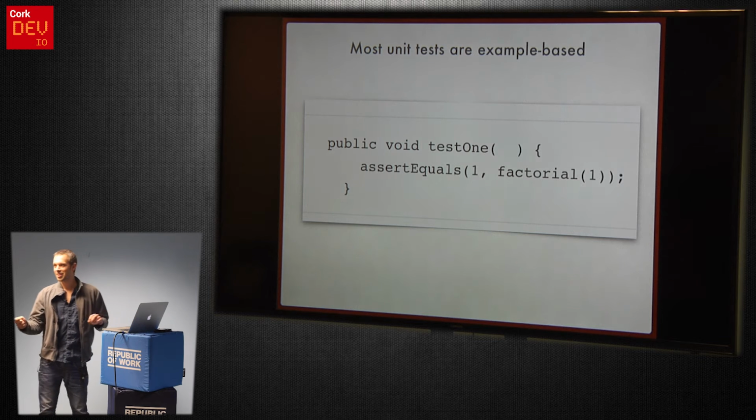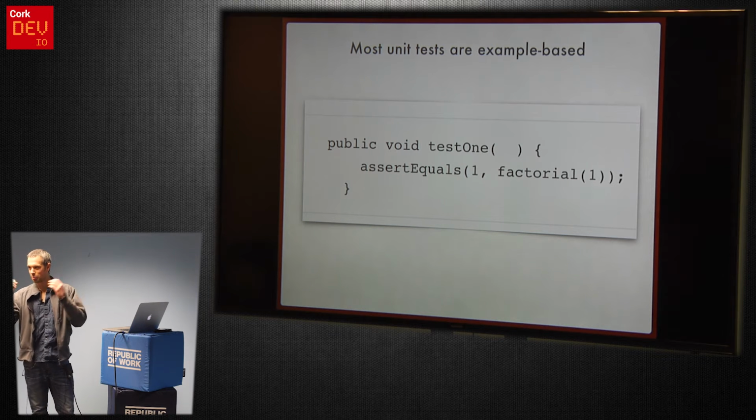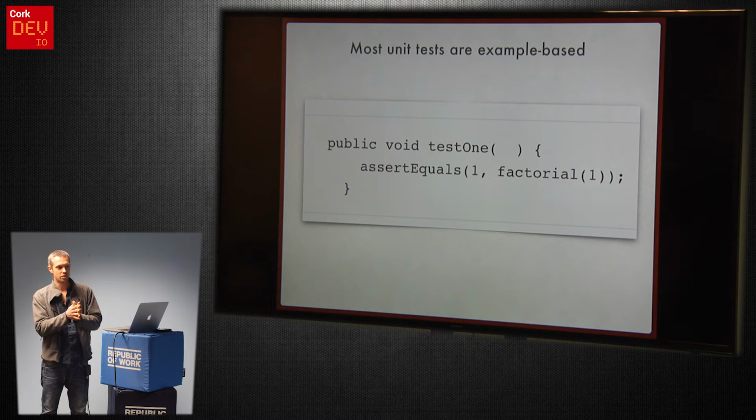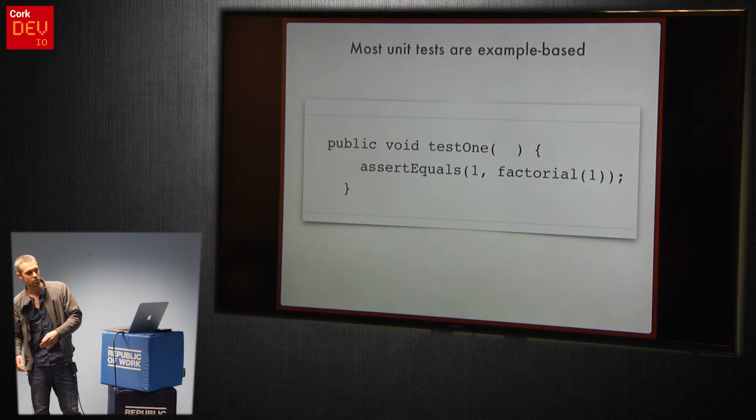The thing is, most of the unit tests you write are example-based. What I mean by that is that we tend to use somewhat arbitrary values in our test cases, right? So in this case, I want to assert that factorial 1 is equal to 1.